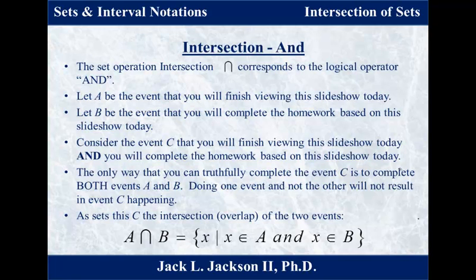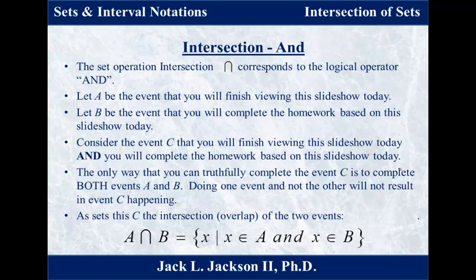This corresponds to the logical operator AND. So let's think about a couple of statements and the word AND. Let A be the event that you will finish viewing this slideshow today, this video today. And let B be the event that you will complete the homework based on this slideshow and video today. Now consider an event C that you will finish viewing the slideshow today and you will complete the homework based on this slideshow today.